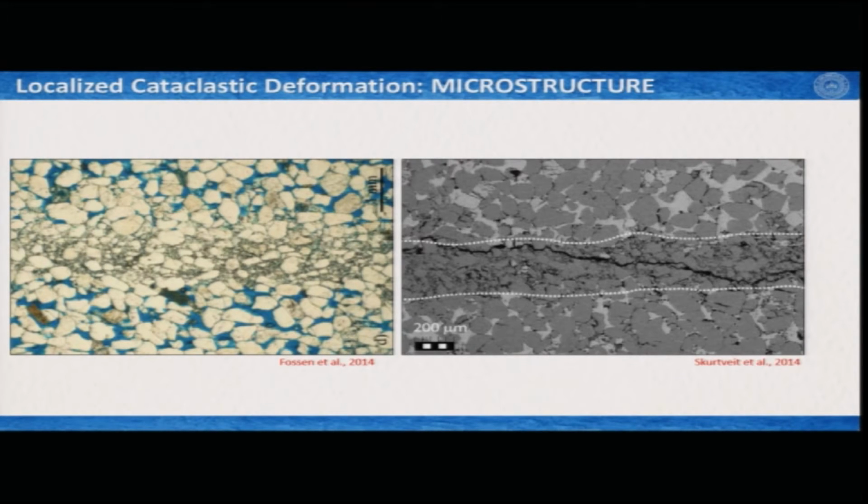The first one is an optical microscope image. You can see that these yellow things are your sand size grains, and the background is blue colored, these are your porosities. You clearly see that there is a zone in the middle running from west to east, where there is an anomaly. This part is a little heterogeneous compared to this area and this area.